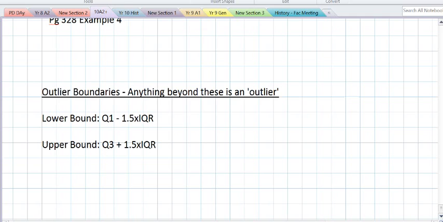Has everyone got those 2 little lines down? Please do. Those 2 equations. Outlier boundaries, lower bound, upper bound.